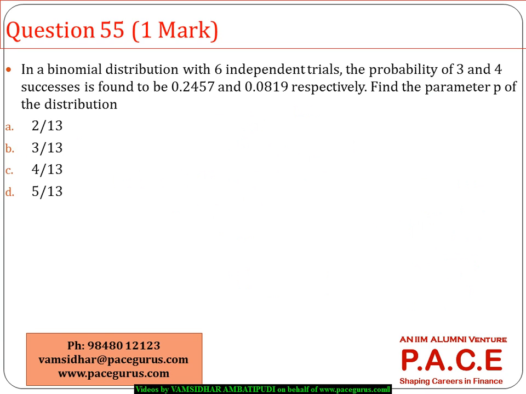In a binomial distribution with n equal to 6 independent trials, the probability of 3 and 4 successes is given. So what is the probability of 3 successes? nC3, or 6C3, into p power 3 into q power 3.